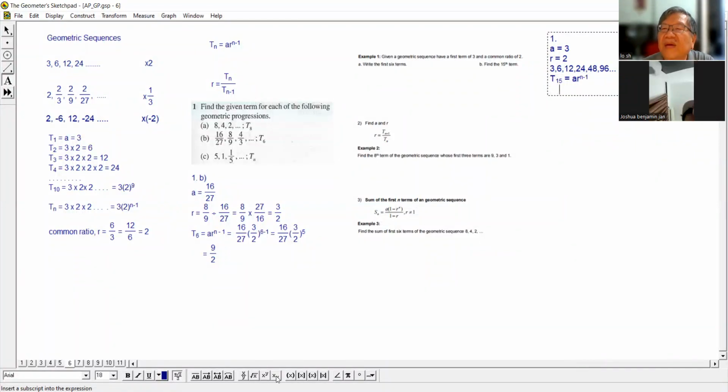What is A? 3. Then 2 to the power of 14. To the power of 14, correct. Can you use your calculator to count? I don't know, very big number.